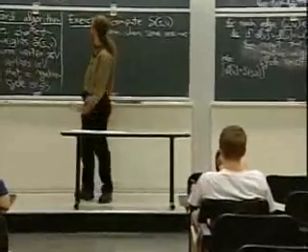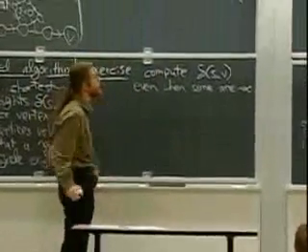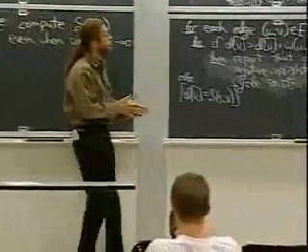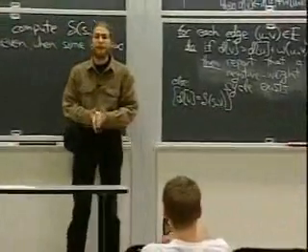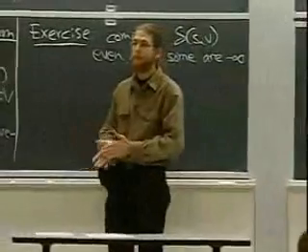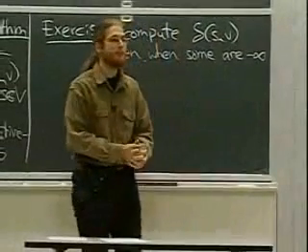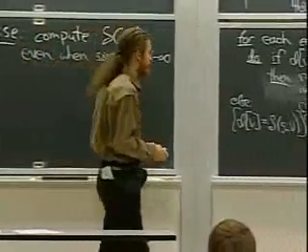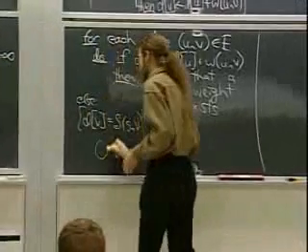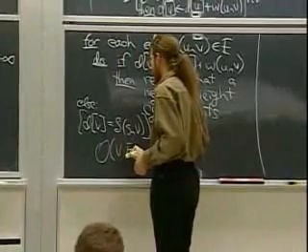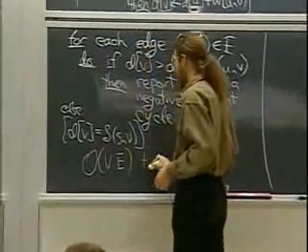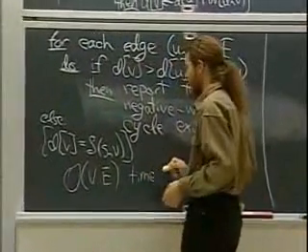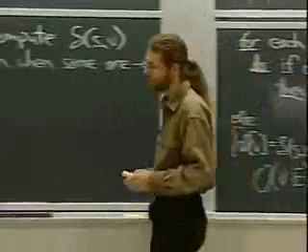We can compare it to Dijkstra, which is over here. What is the running time of this algorithm? V times E, exactly. I'm going to assume, because it's pretty reasonable, that V and E are both positive.